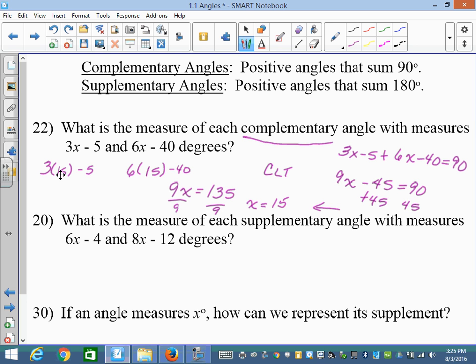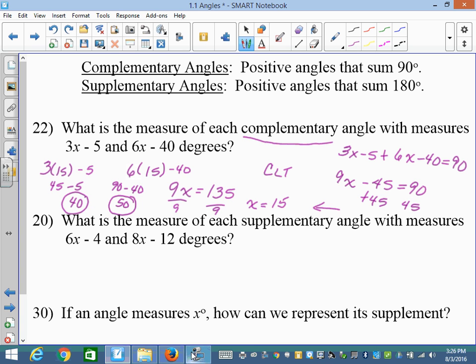So 3 times 15 is 45, 45 minus 5 equals 40. So one of them is 40, which means this guy over here must be 50. So we do 6 times 15, which is 90, and 90 minus 40 gives us 50. So our answer on this one is a 40 and 50 degree angle.